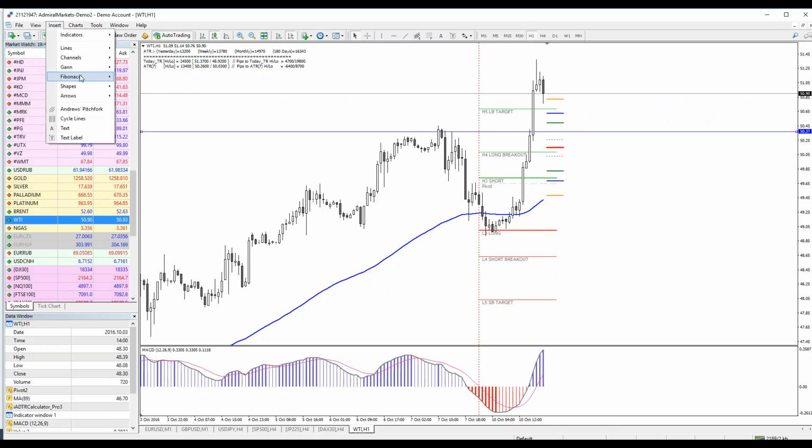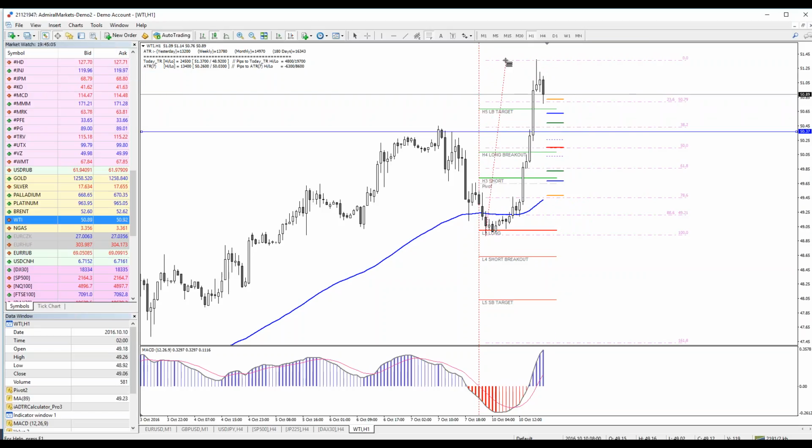Let me see if there is a Fibonacci confluence. I mean, this is just a fast analysis, so yes, this is even better in my opinion. Here, 50 retracement, H4 breakout, previous bullish order block. So let's see. So yes, oil is bullish. So let's see what will happen.